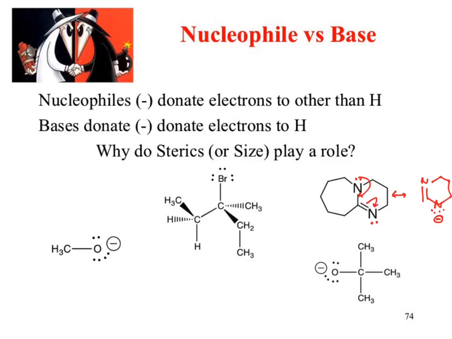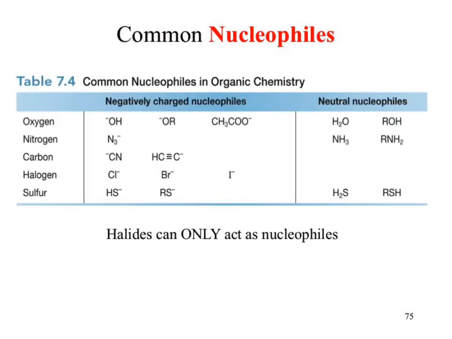We've got a strong negative, which means it could act as a nucleophile or a base. Which do you think? Nucleophile or base? Base because that's too big. Okay. That species is either DBN or DBU. Sometimes you'll see reference to those. I don't remember which one it is. Both of those letter sequences reference bases, I believe.